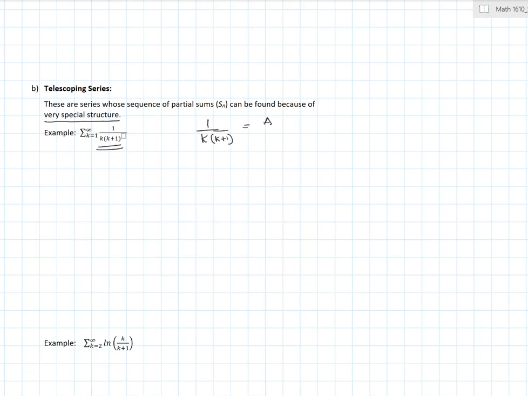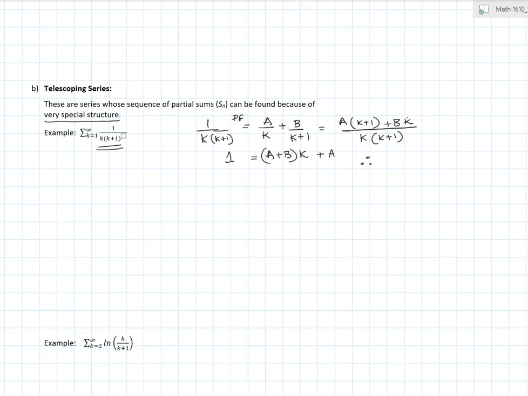So this would obviously be a over k plus b over k plus 1. So this is my partial fractions. So when I add these two, I get a times k plus 1 plus bk over k times k plus 1. So that means, collecting similar terms, I get a plus b times k plus a must be equal to 1.